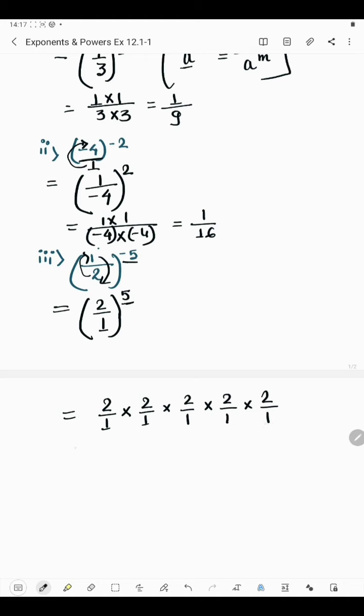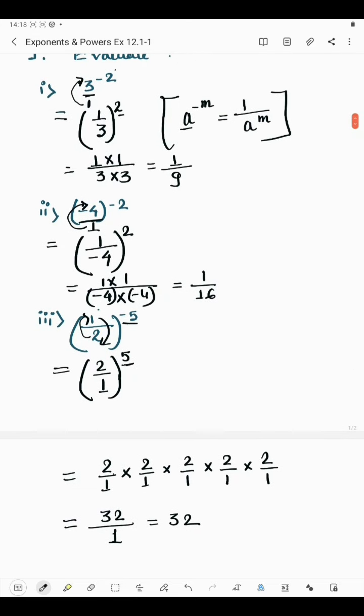Now 2 into 2 is 4, 4 into 2 is 8, 8 into 2 is 16, 16 into 2 is 32. And 1 into 1 into 1 into 1 into 1 is 1. So it is 32 by 1, and 32 by 1 means 32. So the answer of the third part will be 32.